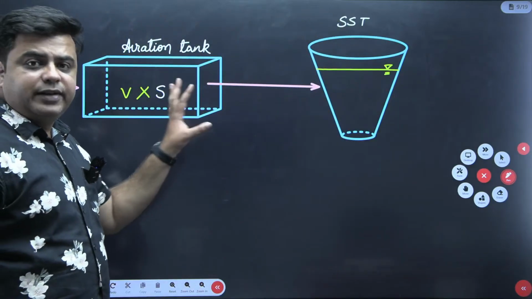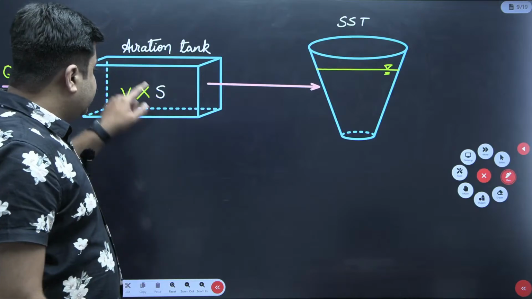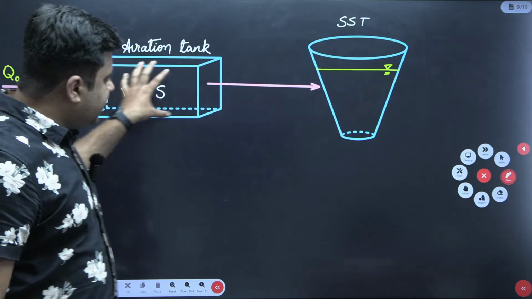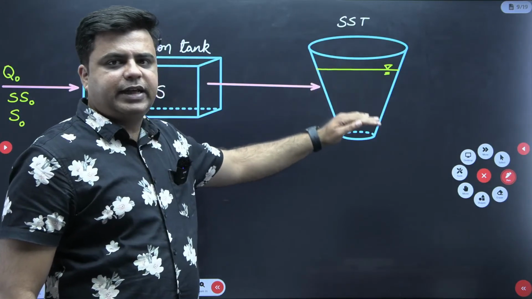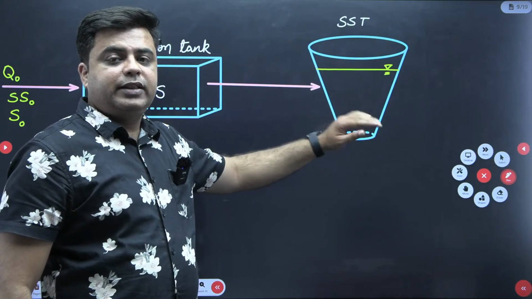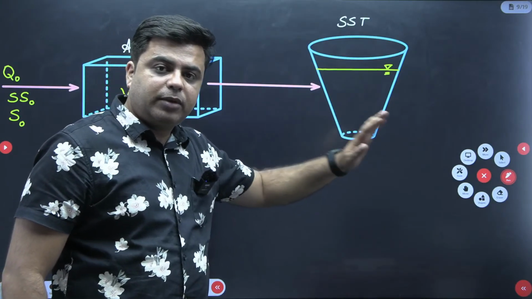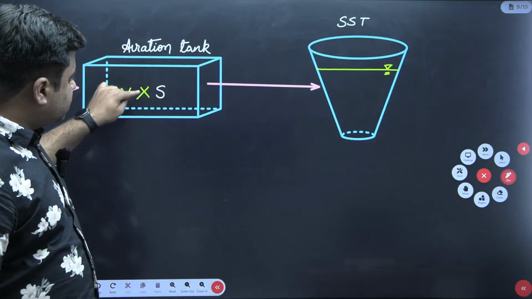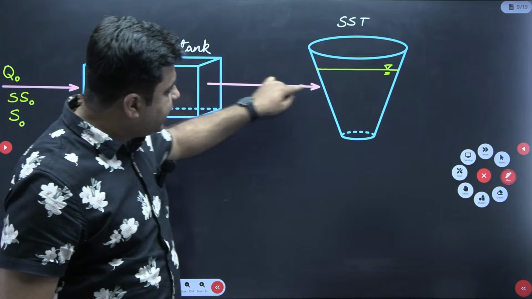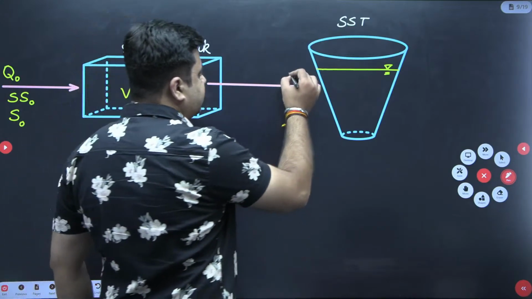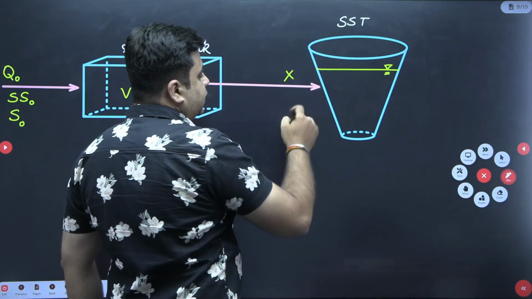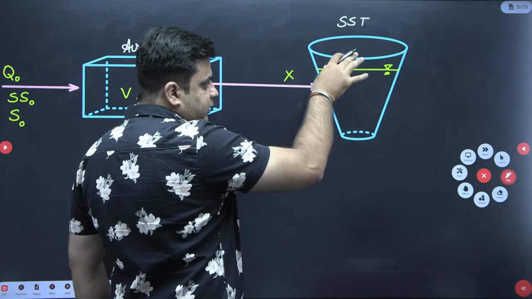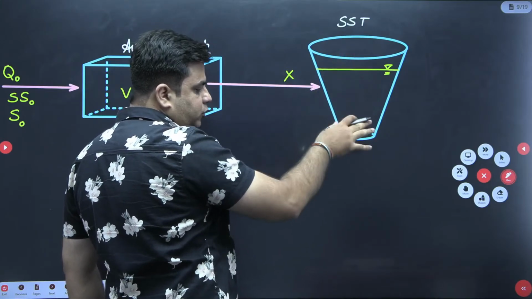In this secondary sedimentation tank, the biomass that has entered will settle out. There will be no change in the amount of organic matter. The biomass which is entering into the secondary sedimentation tank is X. Out of this X, some portion is going to settle out.